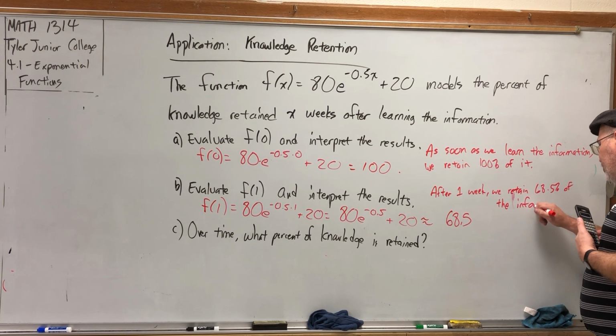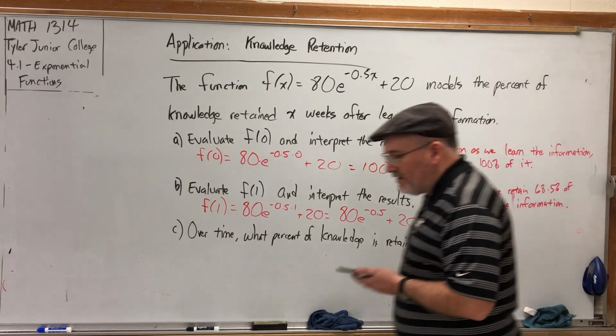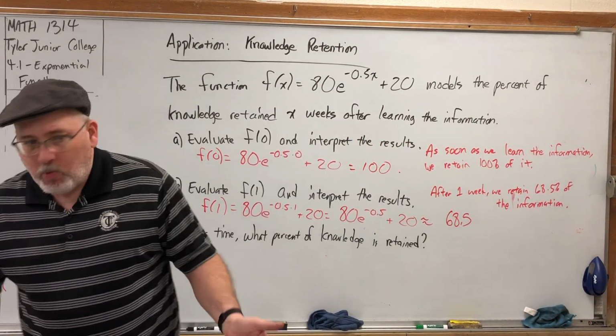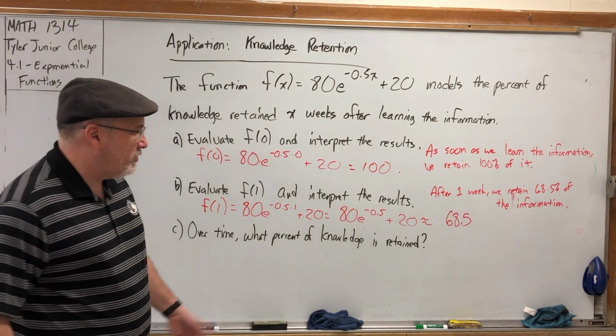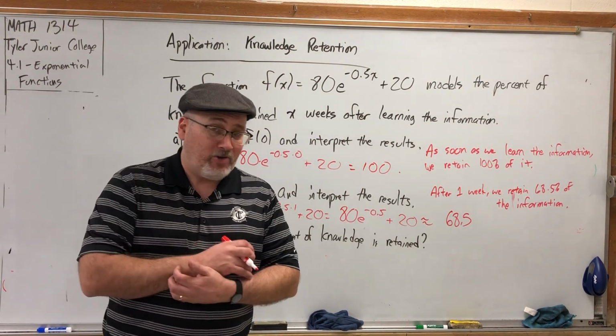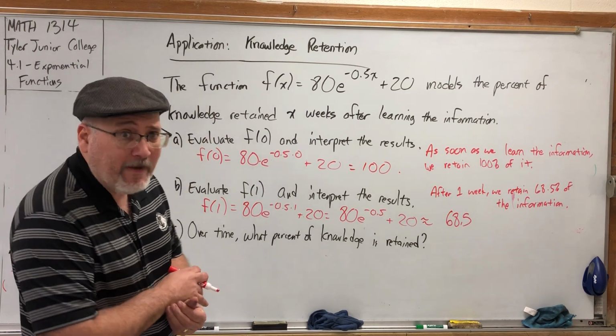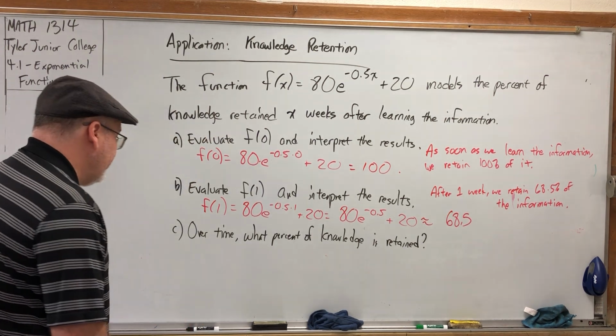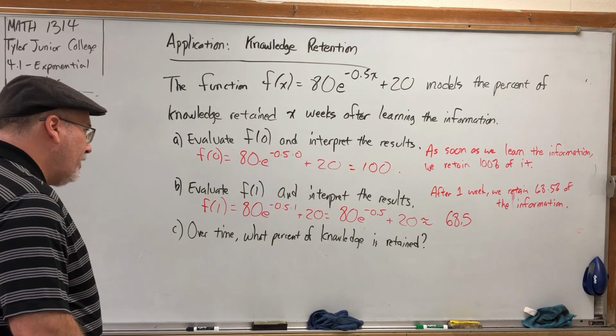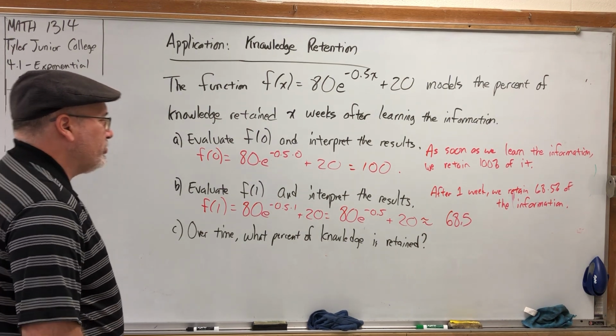Now this is probably assuming that we don't study or review or practice it again, that we just look at it and we walk away. So you ask yourself, if you study for a test a week before and don't ever look at it again, you want to go in armed with 68.5% of the knowledge? I wouldn't.